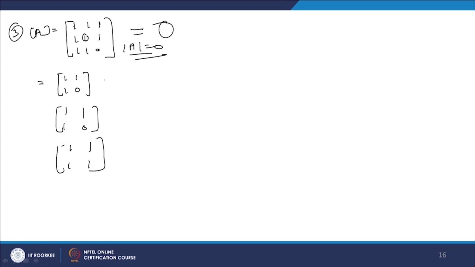If we solve, we get 0 minus 1 equals minus 1, 0 minus 1 equals minus 1, and the last equals 0.